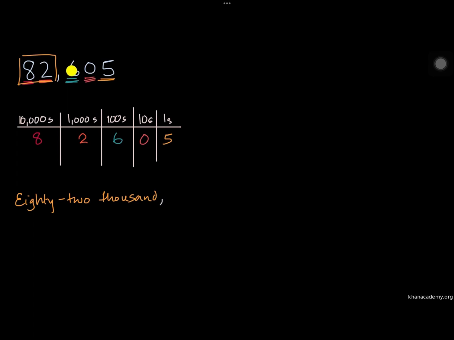And then we have 600, and then we have no tens, so it's 605. If there was a 110 here, then it would have been 615, but this is just 605. And so I will do it in a different color. Let's do it in this blue color. So 82,000 and then 605. And we're done.